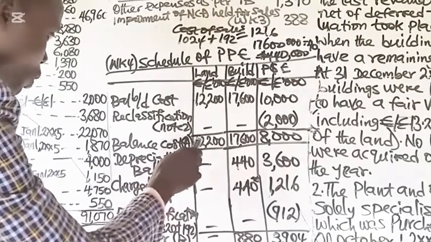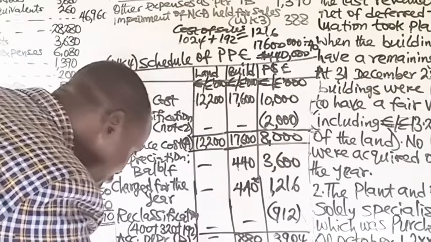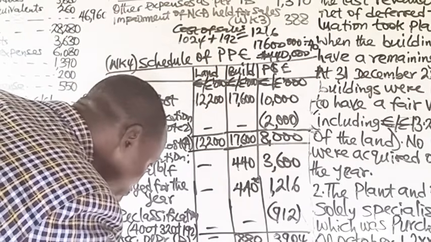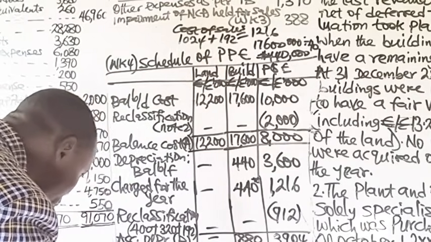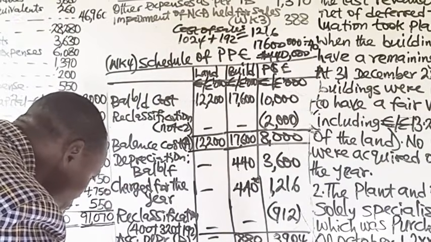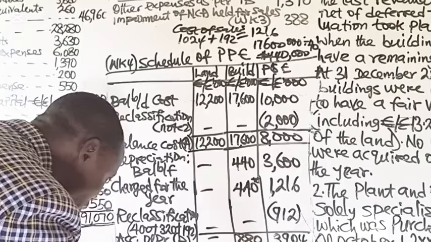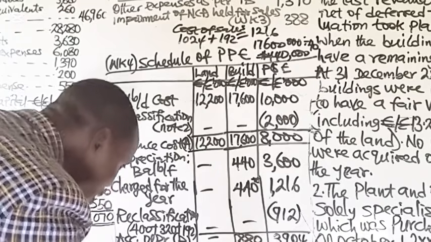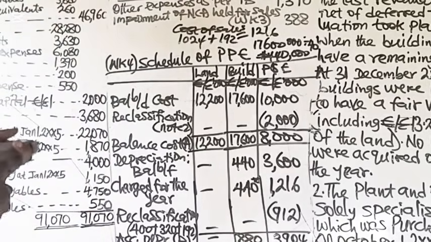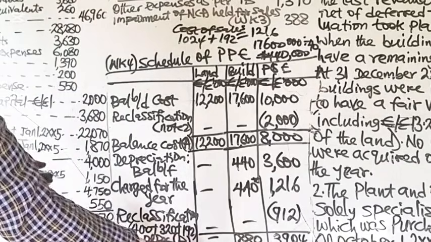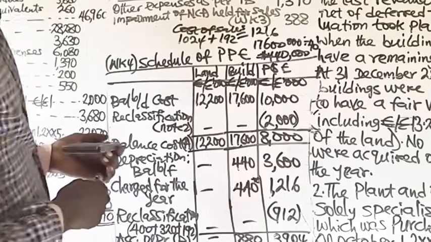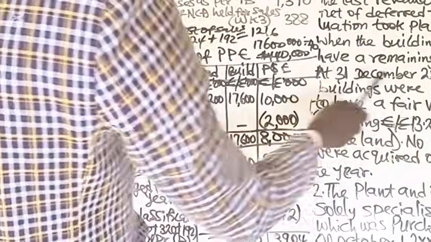Then 12200 minus N. So you still have 12,200. This is the carrying amount. Then you have to compare this sum with the revalued amount because it has been revalued during the year.